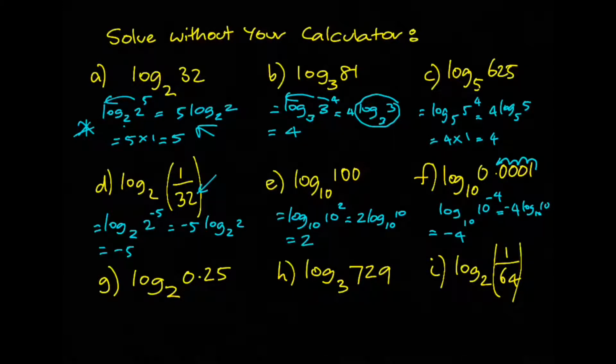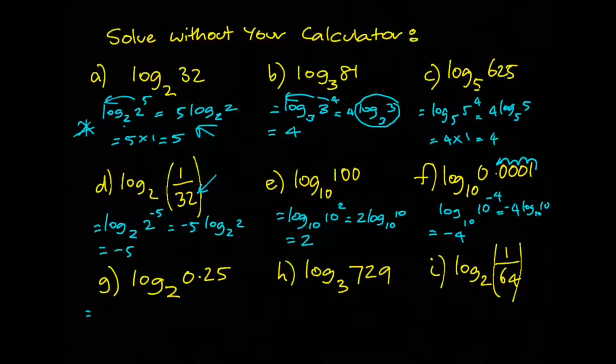Okay, log 2 of 0.25. We know that 0.25 is a quarter, or you could say, okay, let's try and work it out. 25 on 100 because 25 divided by 100 puts the decimal there. Then we bring it down to its lowest form, 1 on 4.